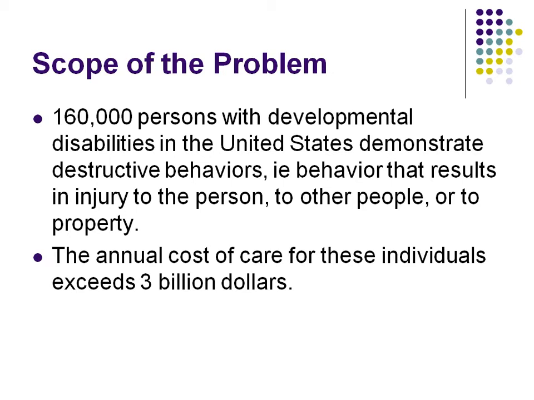And by destructive behaviors, I'm referring to behavior that results in injury to the person, to other people, or to property. The annual cost of care for these individuals exceeds $3 billion.